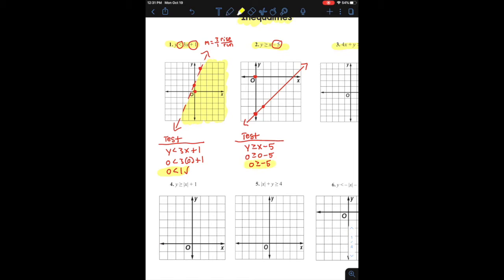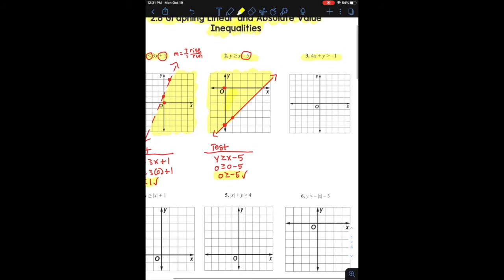Is 0 greater than -5? Yes, it is. Therefore, this ordered pair that we just tested is a solution. In fact, that also means every ordered pair on that side of the line are also solutions. So that would be the side that we shade. The solutions to the inequality are all the ordered pairs in this shaded region and all the ordered pairs on the line.